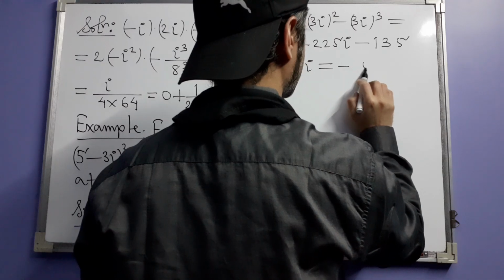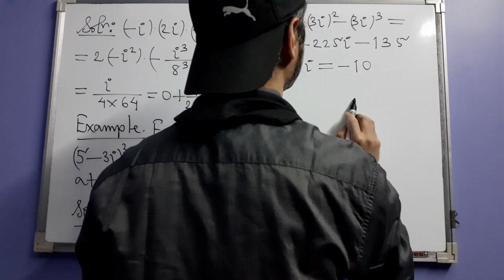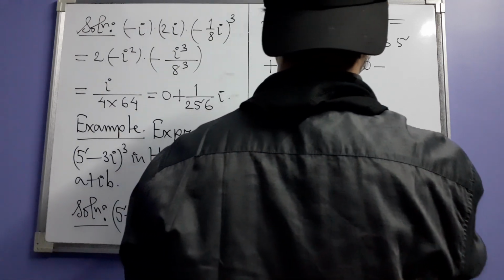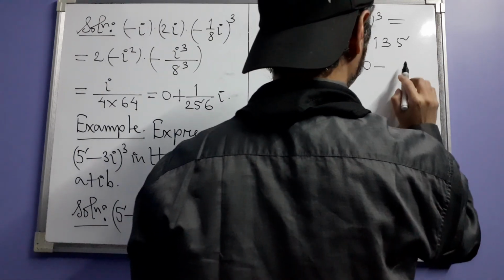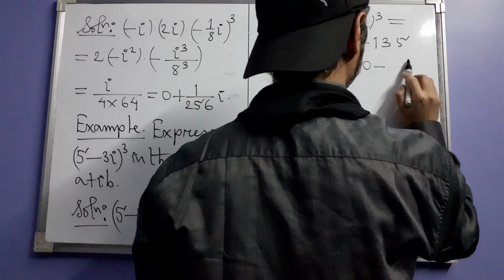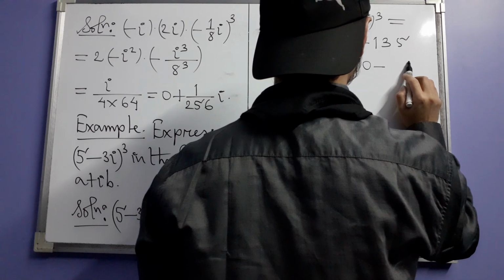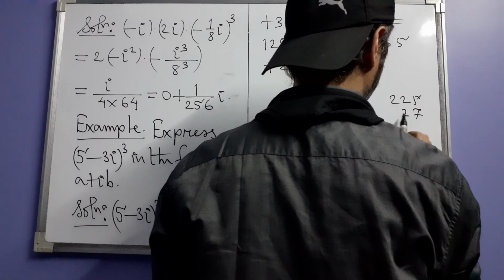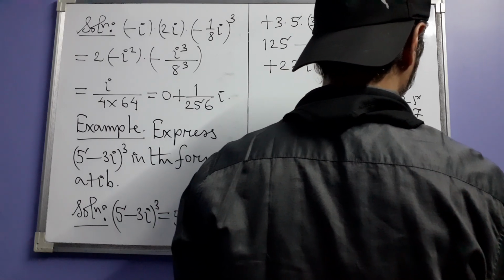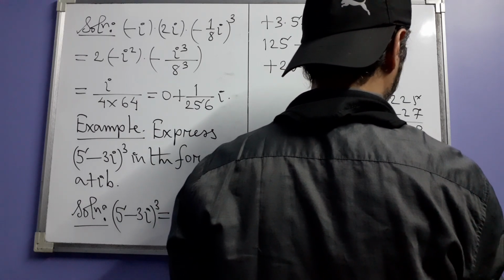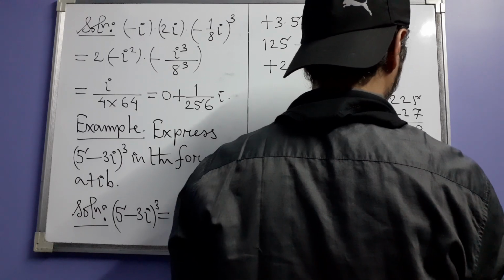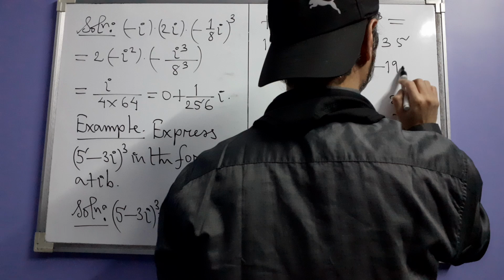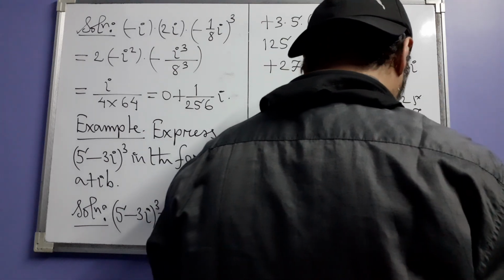Minus 10 and minus. So if you do the calculation, (225) minus 27, minus 198 i.